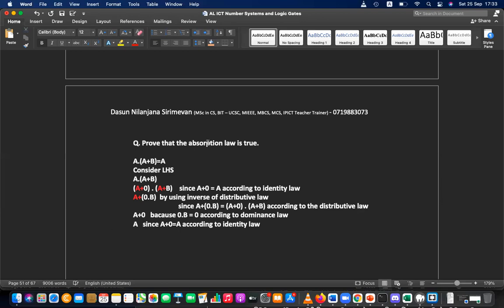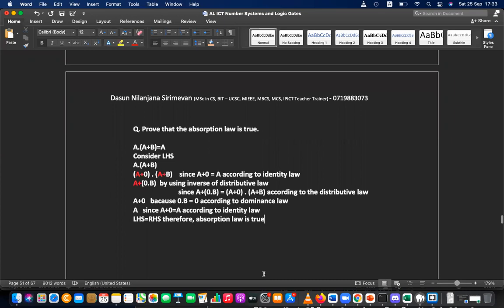So now you can see the left hand side is A. Therefore, you can write LHS equals RHS, right hand side. Therefore, absorption law is true.